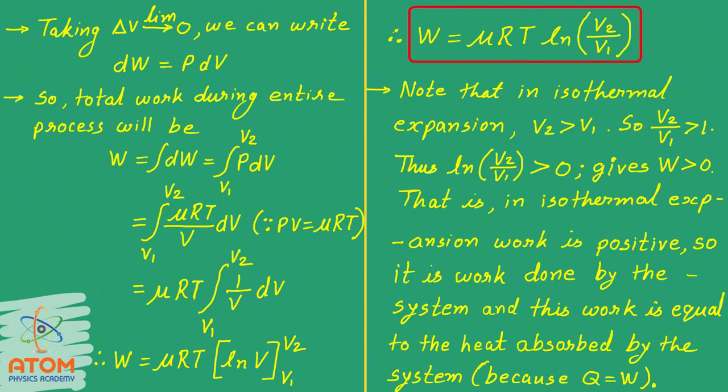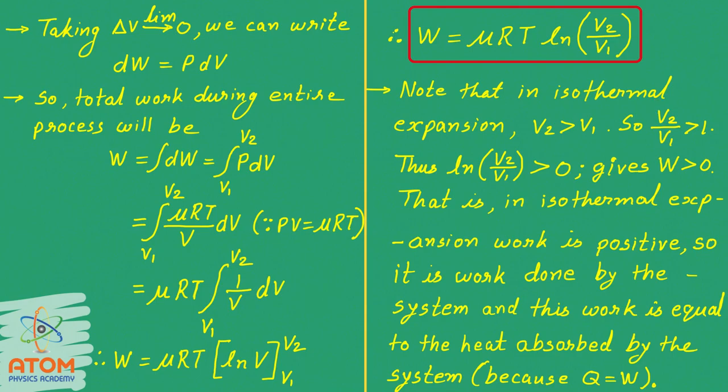You might be aware of one thing, that if the term inside ln, inside this log, is greater than 1, then the answer of log will be positive. If the term inside this log is less than 1, then the answer of this log will be negative. Okay.